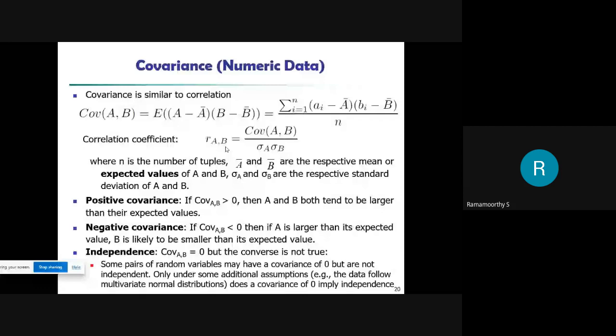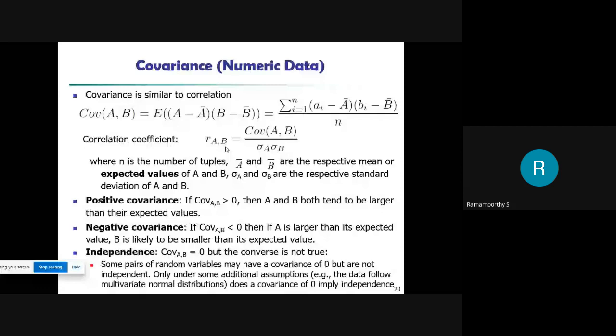Covariance is a numerical value, and it is similar to correlation. The covariance of A comma B is equal to the expected value of (A minus A bar) times (B minus B bar). You can also represent it as the summation for i from 1 to n of (A_i minus A bar) and (B_i minus B bar), divided by n.